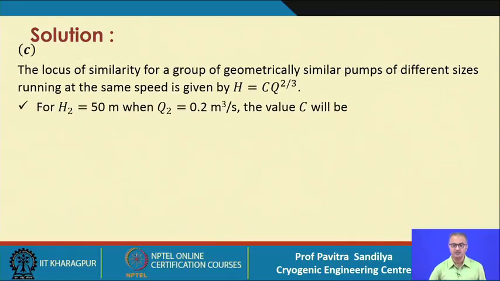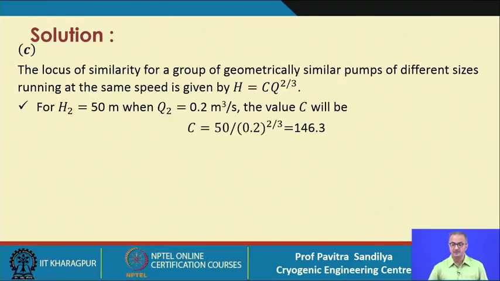Now, we find the locus of similarity for the pump, because in the second part we have been told that we are going to change the pump. So, we put in this expression for similar pumps, H equal to some C Q to the power 2 by 3, and this C value can be determined from the value of H and Q for the new pump.